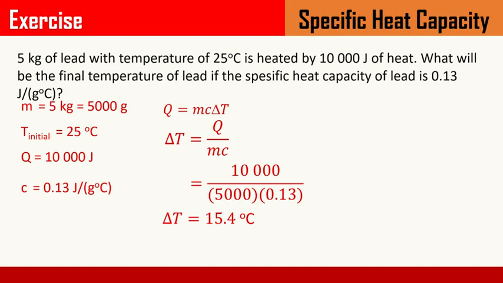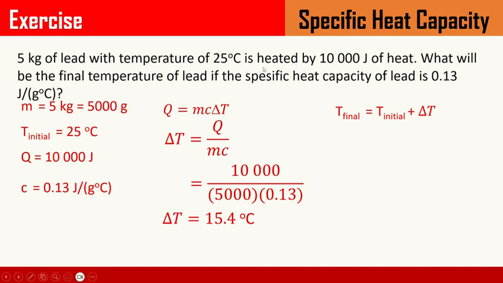You substitute everything. That is the delta T. Okay, now, how do you find the final temperature? Just add. But then, sometimes the final temperature will be lower, right? Why do you have to add it here? Why is it higher than the initial one? Because this one is heated. If the object is heated, the temperature will increase.